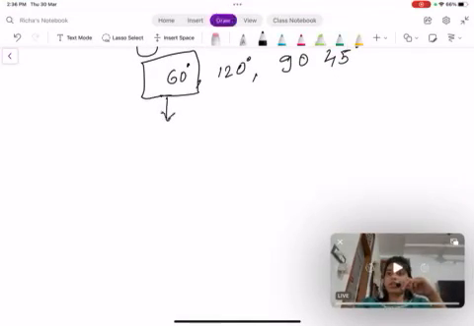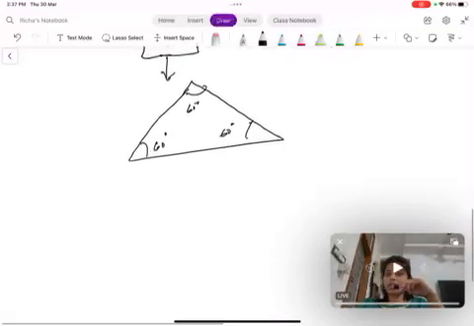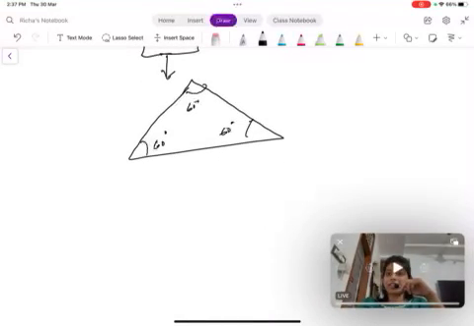First thing, we all know that in an equilateral triangle, all the angles are 60 degrees. Equilateral means all sides are the same.